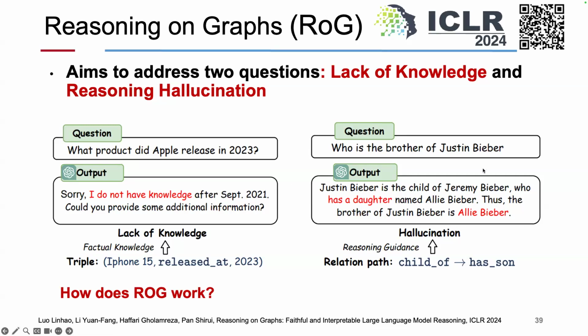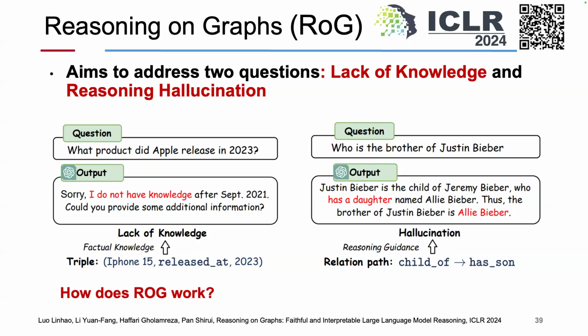Also, when we ask the LLM to conduct complex reasoning tasks that require multi-hop reasoning, the reasoning process of the LLM might be incorrect. For example, who is the brother of Justin Bieber? Then the LLM might say, okay, Justin Bieber is the child of Jeremy Bieber, who has a daughter named Alice Bieber, and then the answer is that the brother of Justin Bieber is Alice Bieber.